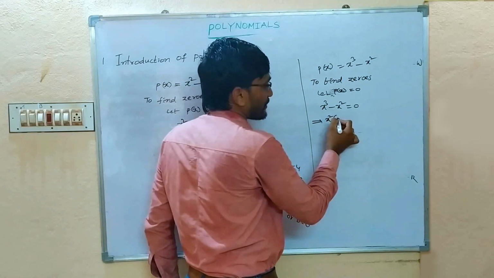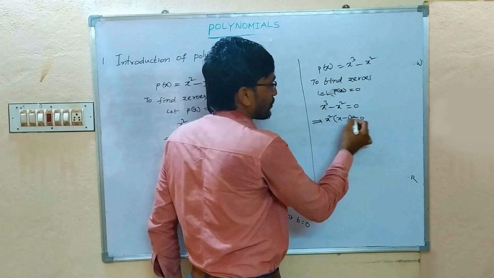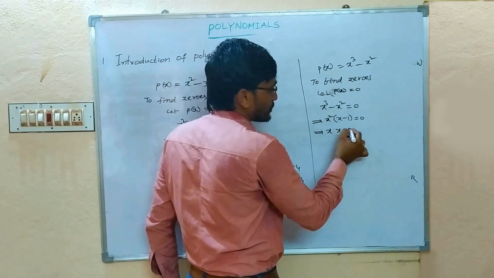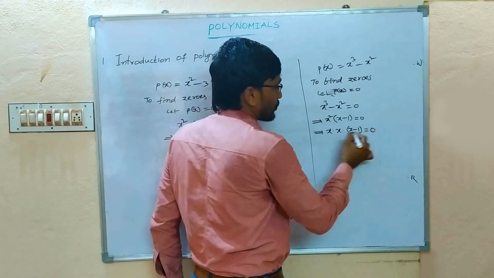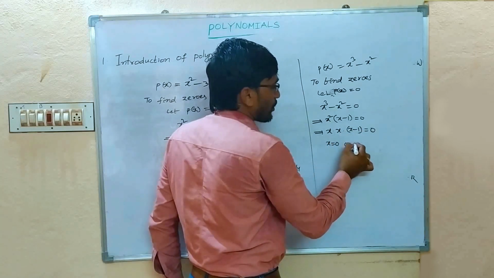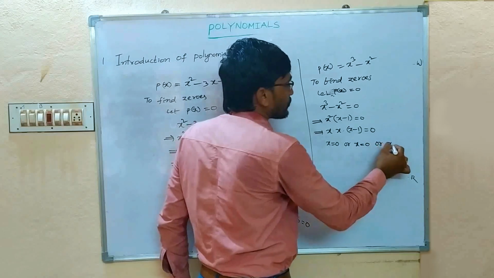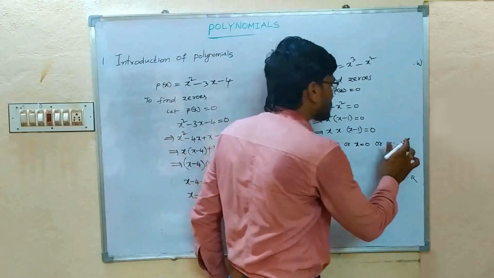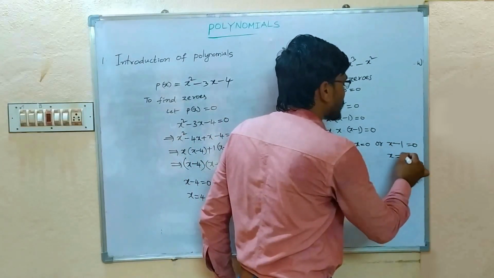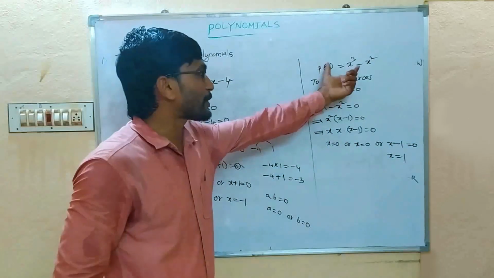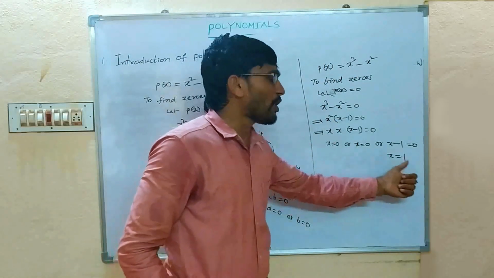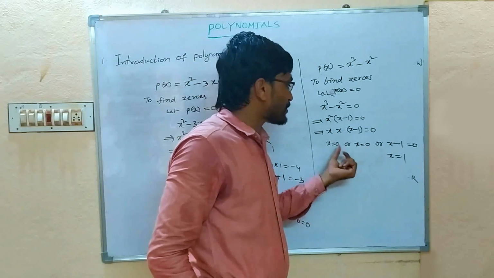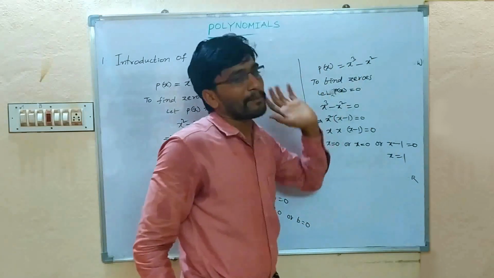Taking that common, we get x square into x minus 1 equals 0. That means either x equals 0 or x equals 0 or x minus 1 equals 0, which is x equals 1. The zeros of this cubic polynomial are 0, 0 and 1. Here we get two equal zeros, which are 0. So 0 and 1 are the zeros of this polynomial.